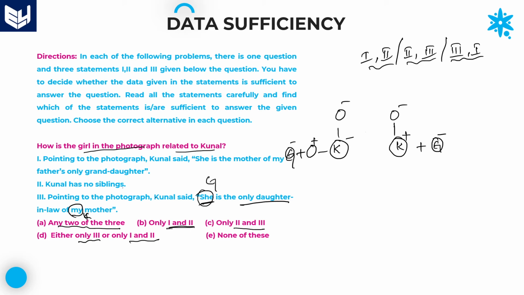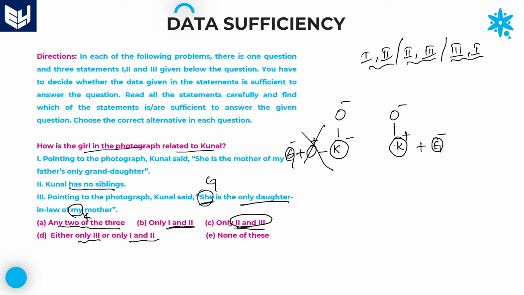But the thing is, you are combining both 2 and 3. In 2, Kunal has no siblings. That is the reason why we can eliminate this one. In this case, Kunal would have a sibling. We should not think Kunal is female, so definitely Kunal is male.